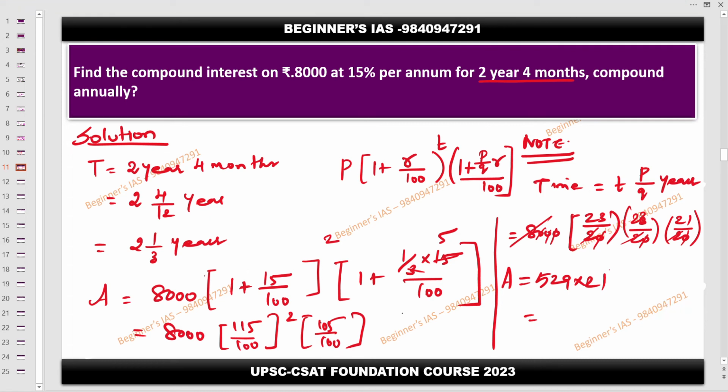So that is the amount. So what is the amount here? 11,109. So that is the amount.